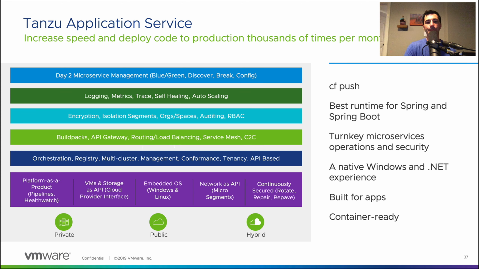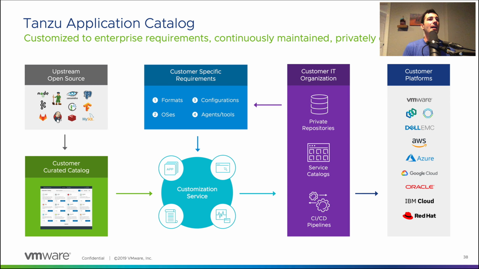Then you have Tanzu Application Catalog, an offering that combines the content and the tools that allow IT organizations to start consuming open source and commercial applications really quickly, because we have a huge catalog of upstream tooling, and it's as simple as a one-click option to deploy that and bring it into your environment.